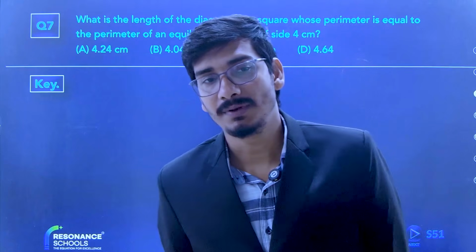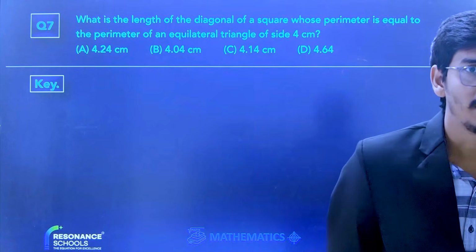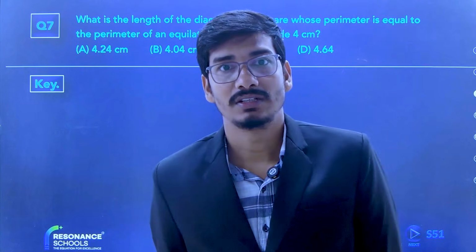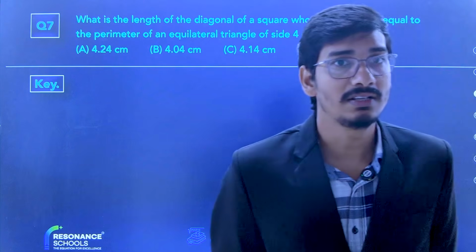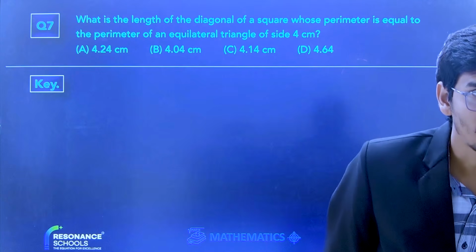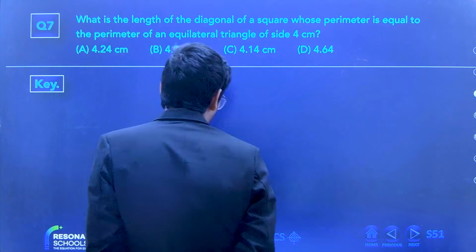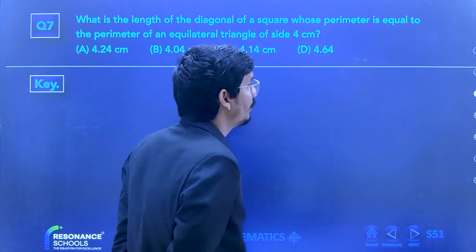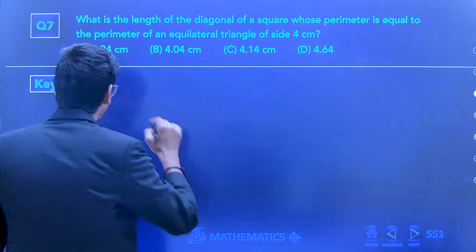If the perimeters are the same, then find the diagonal of the square if the side of the triangle is 4 centimeter. So first of all, this question belongs to the geometry part. So first of all, we will draw the geometry of this question. What is the geometry, beta?